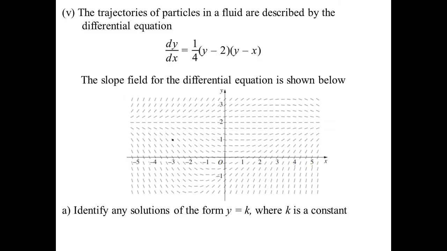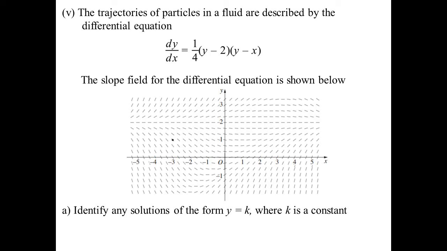Here is a lovely slope field. Identify any solutions of the form y equals k. So a solution y equals a constant. Well, that would be a horizontal line. So I'm looking anywhere where, consistently and horizontally, the slopes are horizontal. It just keeps sending me across and I end up with a horizontal line.